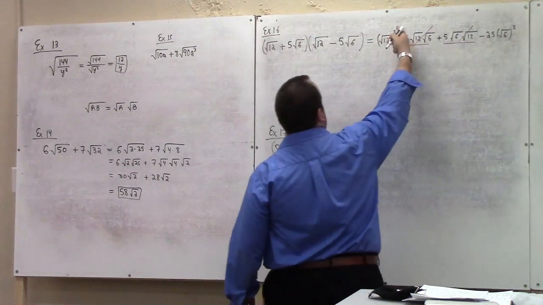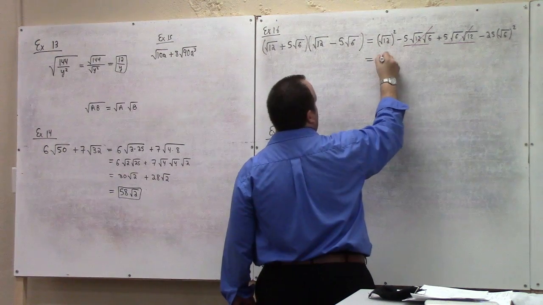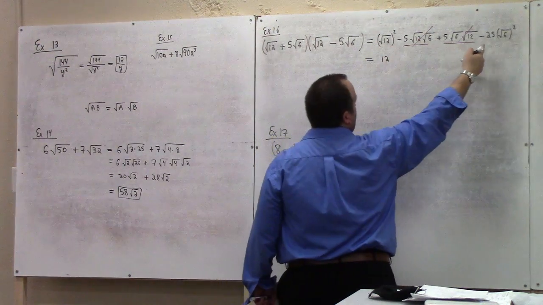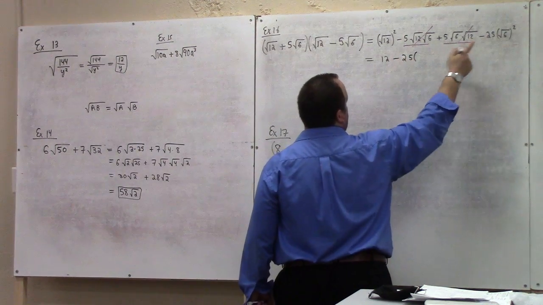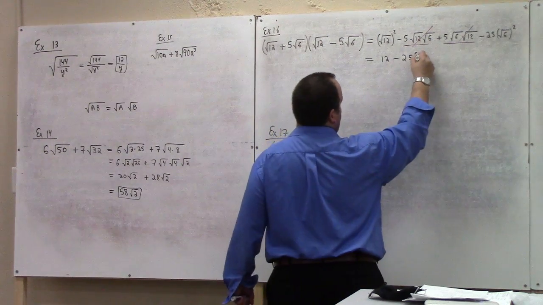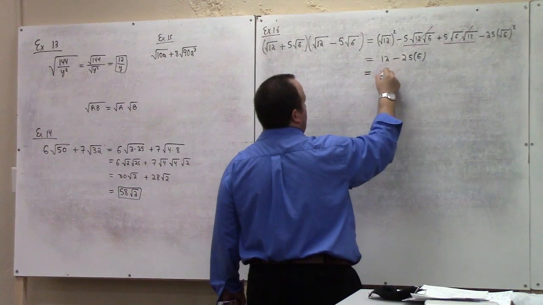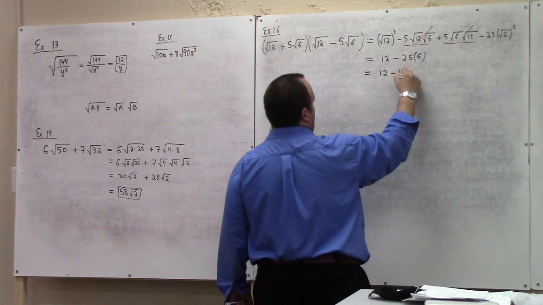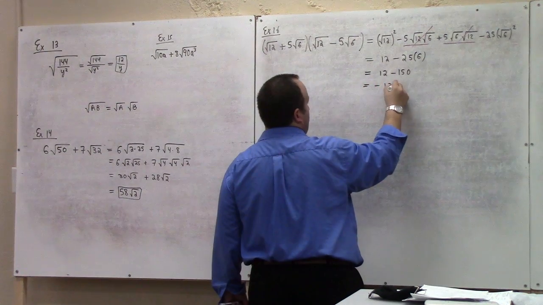In a sense that cancels. It leaves you with what? 12, right? So that's 12. And we still got this guy over here, minus 25 times what? What's the square root of 6 squared? Right, so that's 25 times 6, so that's 150. So we got 12 minus 150. So looks like minus 138.